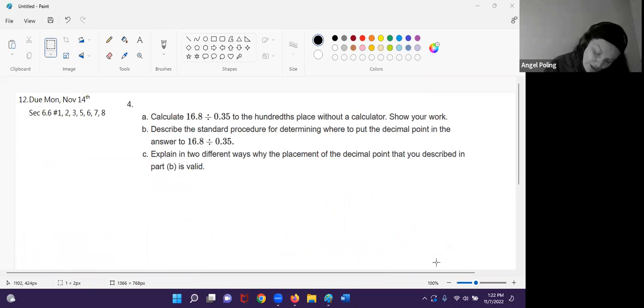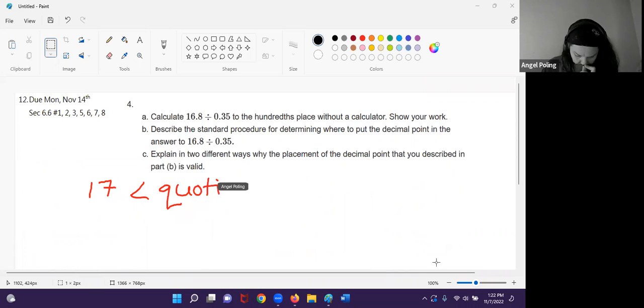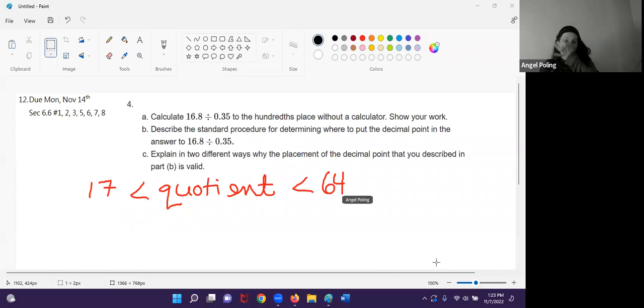But we did show that 17 is less than the quotient, and the quotient was less than 64, I think it was. Okay, so that was a second way by size that we showed the placement of the point was valid, right?